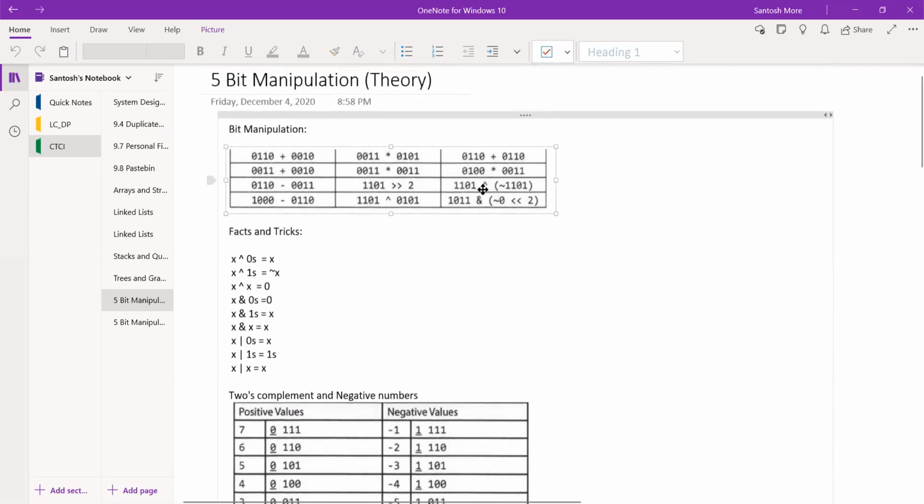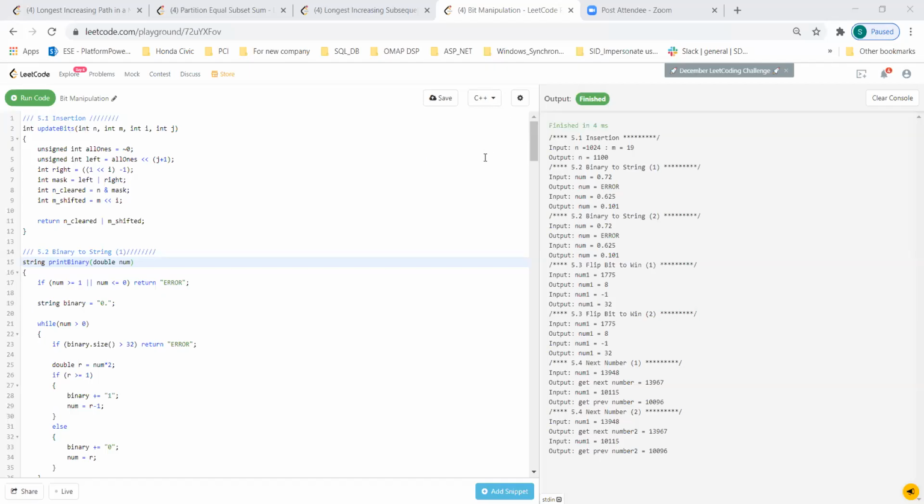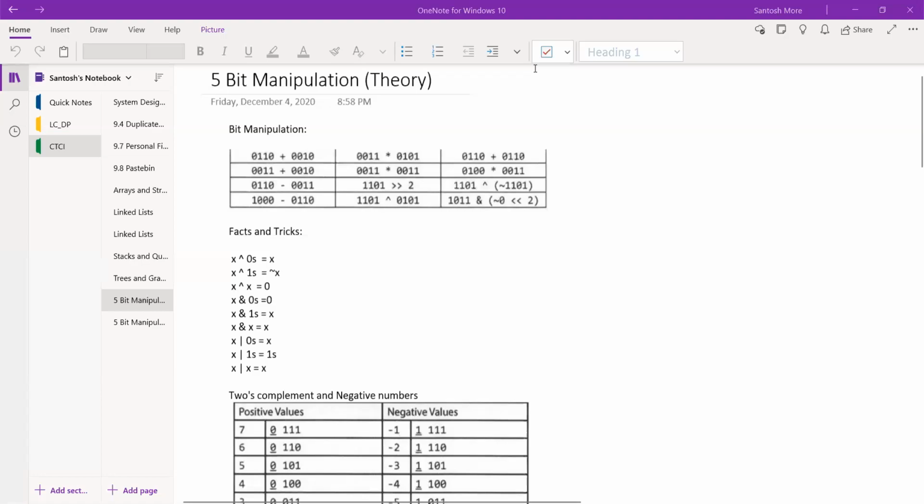So if we have this number 1101, and if we negate this number, it will be 0010.